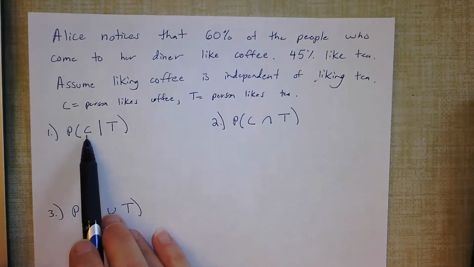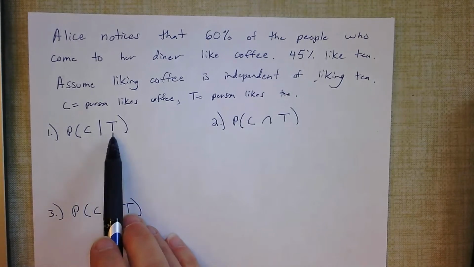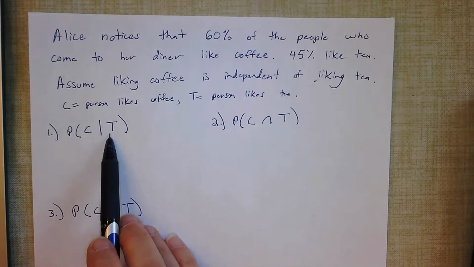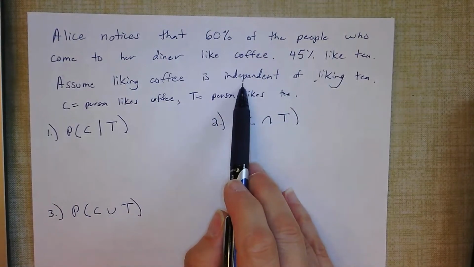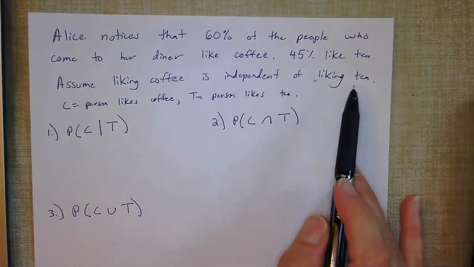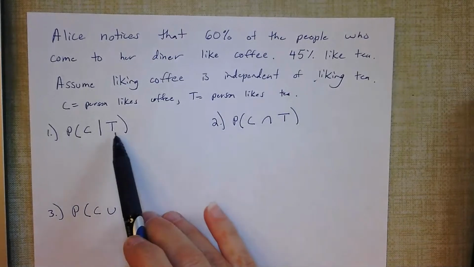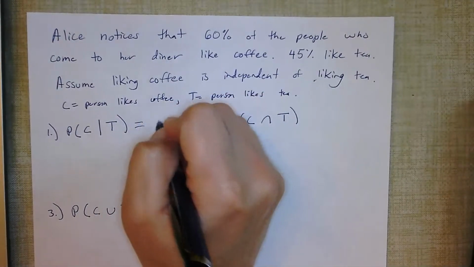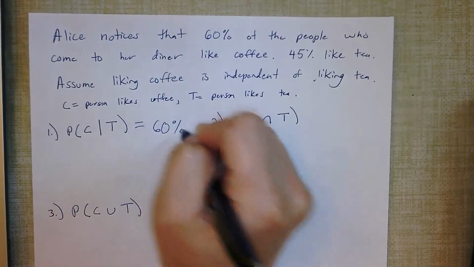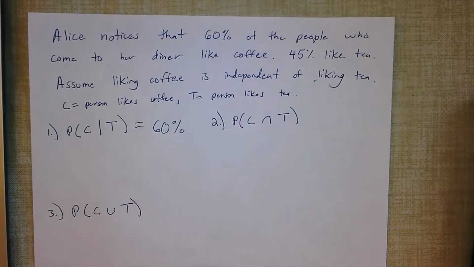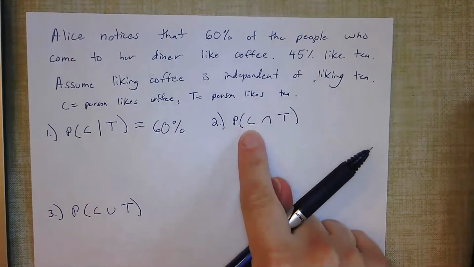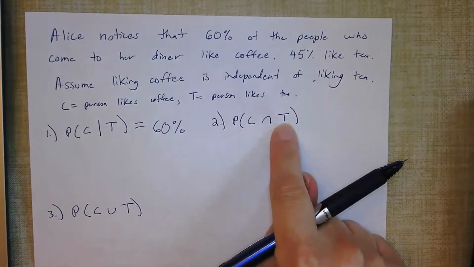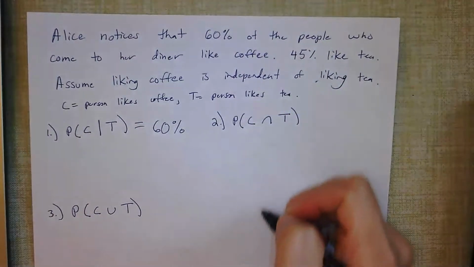Number 1 says, what is the probability that someone likes coffee given that they like tea? They're independent events. What does that mean? That means that liking tea is not going to affect liking coffee. It's just going to be 60%. Now, the probability of liking coffee and liking tea. Now, let's compare this to the last one.